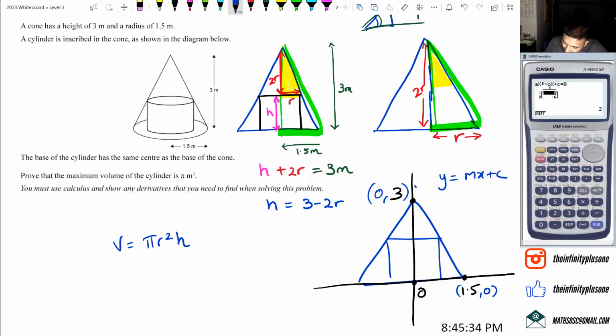So y in this case is height, x in this case is radius, c is 3, and then the gradient of this line is rise over run. Rise is -3, run is 1.5, so this is -2. So we're going to get -2r plus 3, which is what we got here as well.